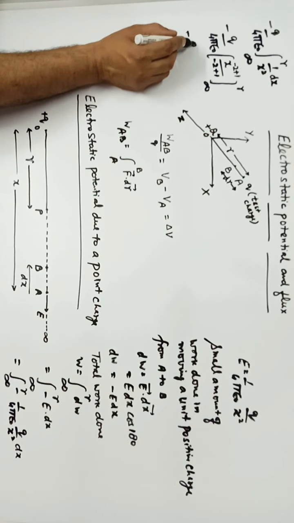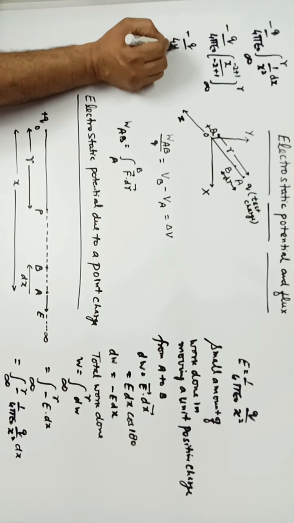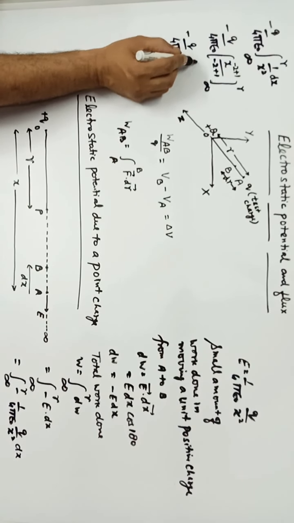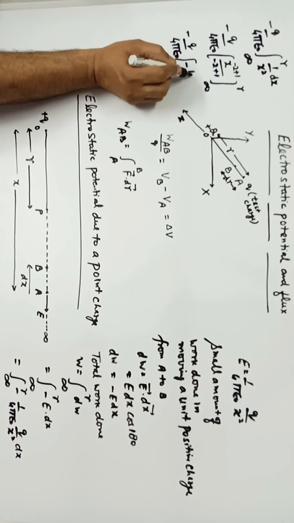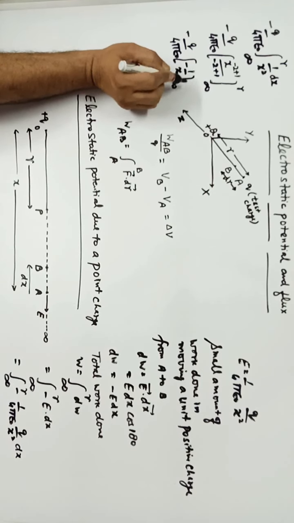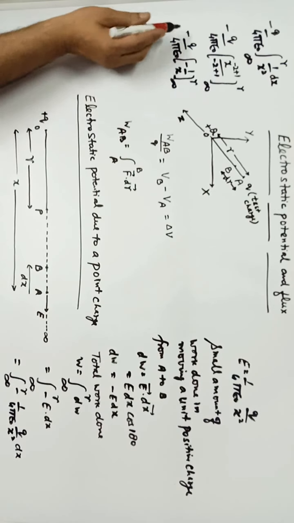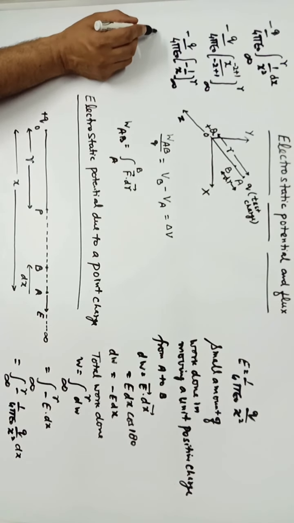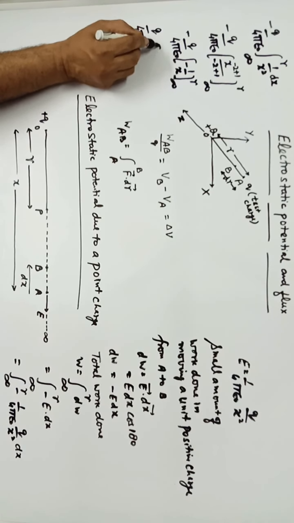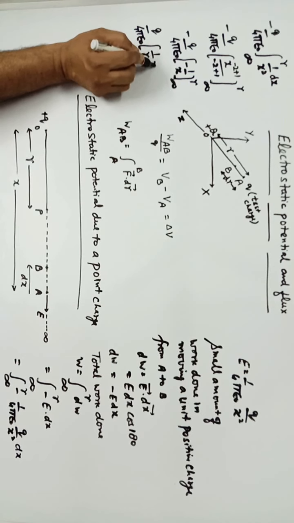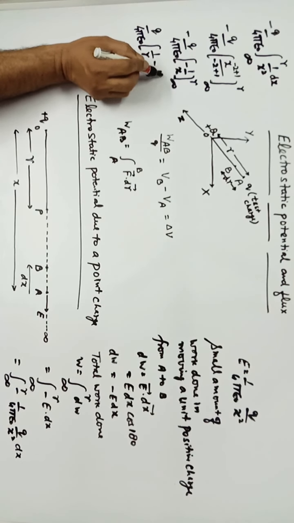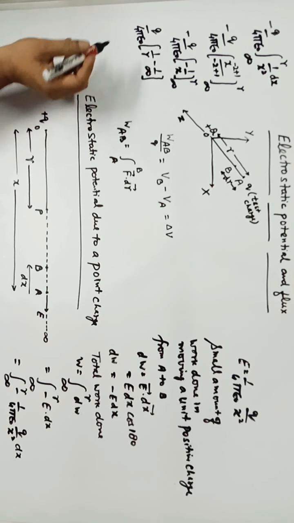Minus q upon 4 pi epsilon naught, minus 1 upon x, from infinity to r. This minus minus will become plus, so we write q upon 4 pi epsilon naught, 1 upon r minus 1 upon infinity. First we write the upper limit, then we write the lower limit.